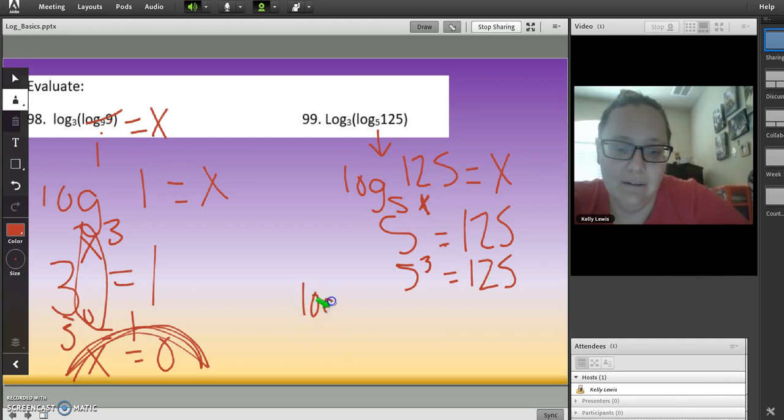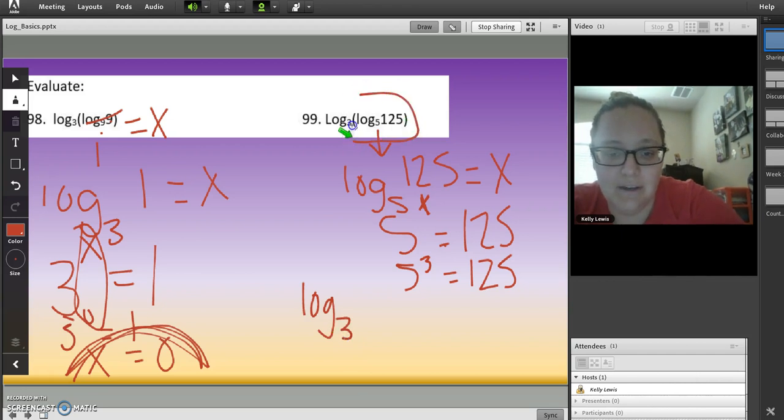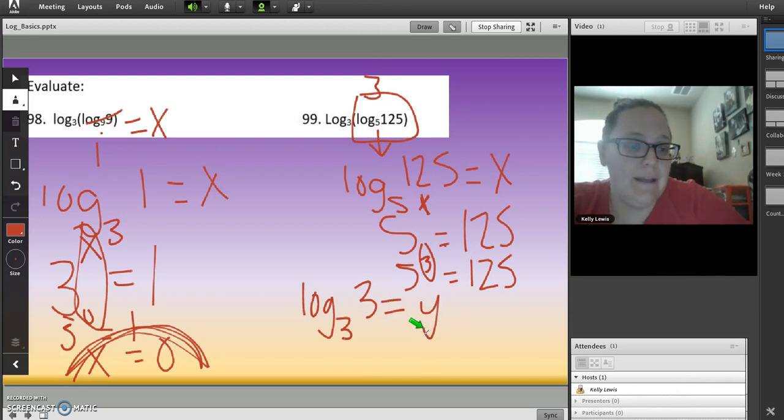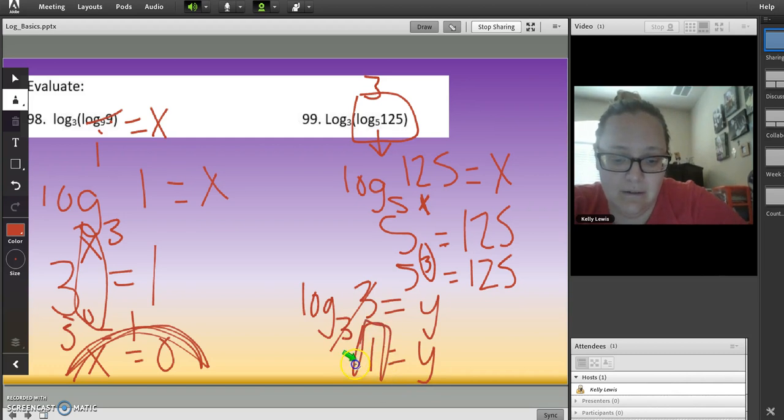All right, so log base 3. So this whole thing right here equals that 3. And just like here, when it's the same number, it cancels and it's just 1. So we get 1 is our answer.